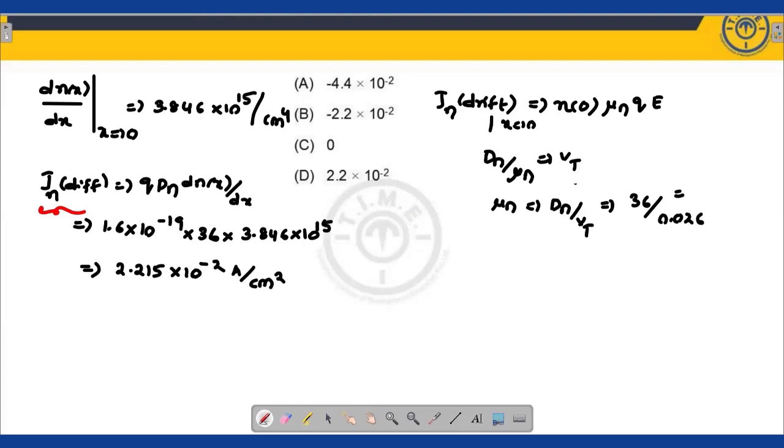0.026. You are getting the mu n value, what is the value you are getting, my dear friends? 1384.8.